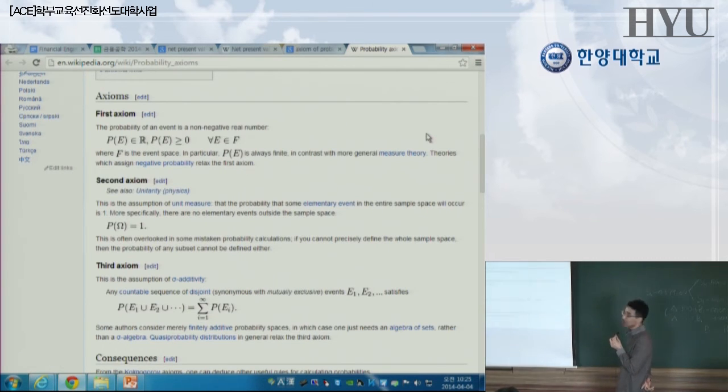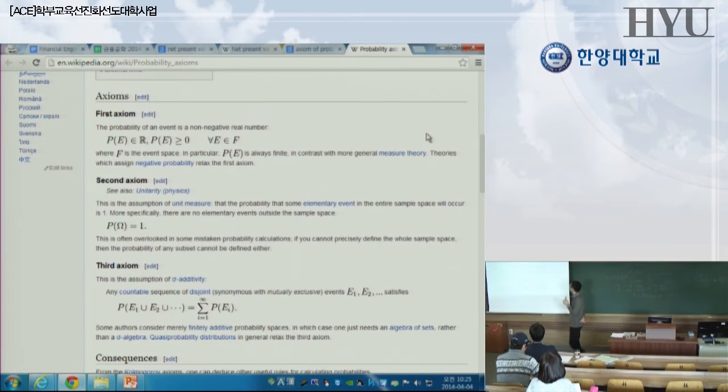Okay. So what is the first criterion, or first axiom? Probability is basically a function from the event space to the real numbers, and the value of the function is non-negative. So it is a function from some space to the real numbers, but not negative numbers: P(E) is greater than or equal to 0.